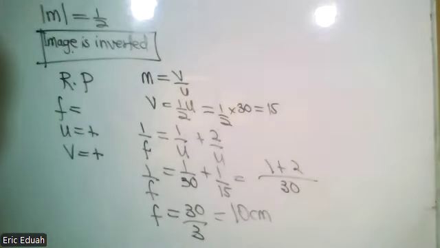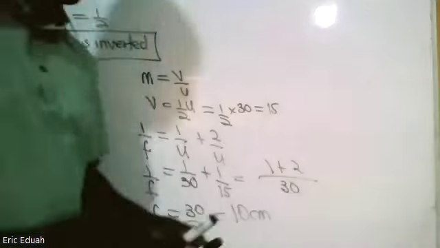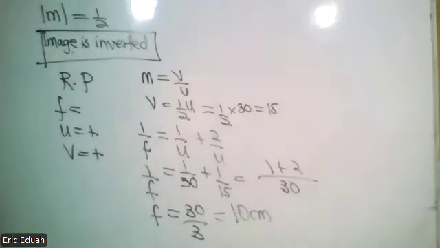Let's check if this value makes sense. If focal length is 10, then radius of curvature will be 20. If object distance is 30, then it means object is behind C, and a real diminished image will be formed. If you use NC, the value will still be the same.